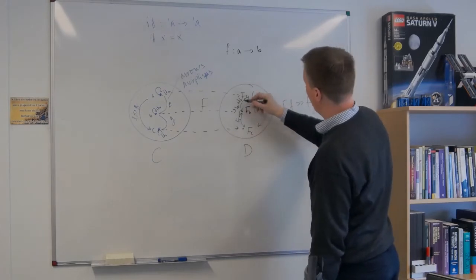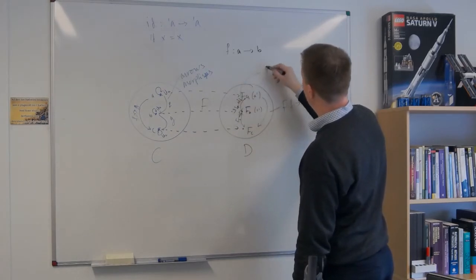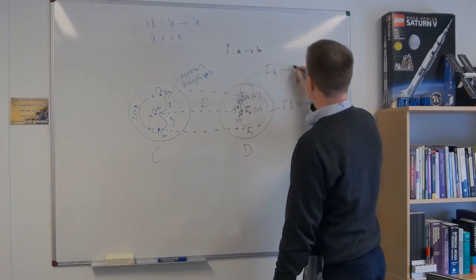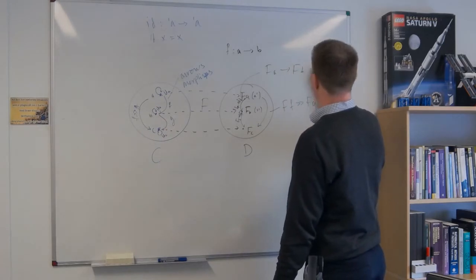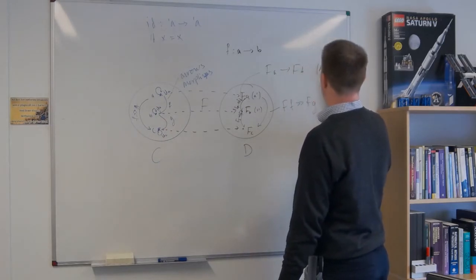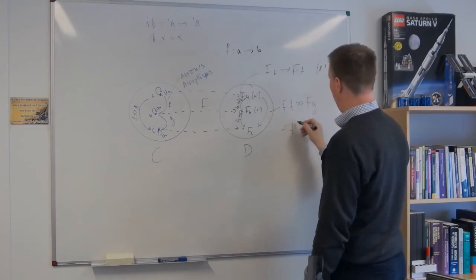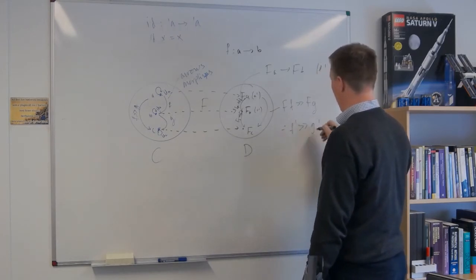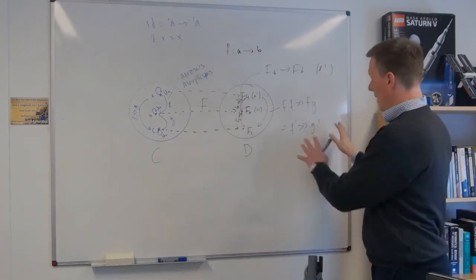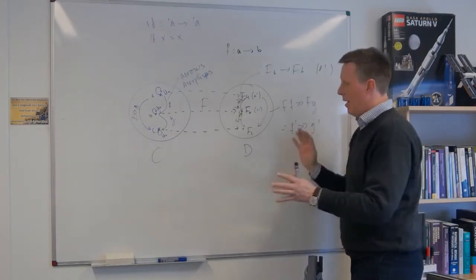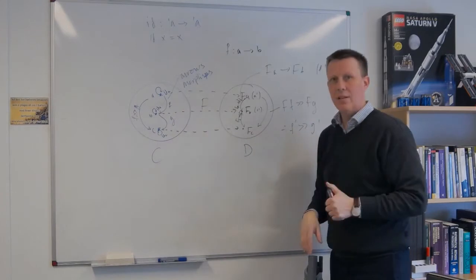So look, this function, we'll just look at that one there, this FA to FB, that we can also call just f prime. And then, of course, this here would be like f prime composed with g prime. Right? So now we see that this thing here, F, that's the functor.